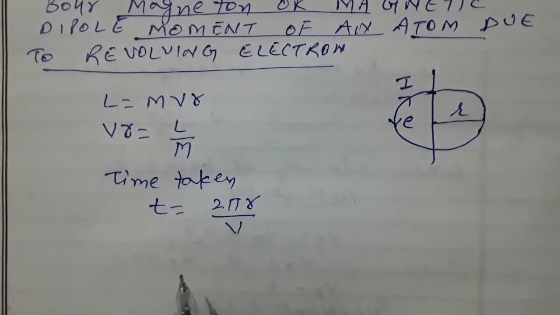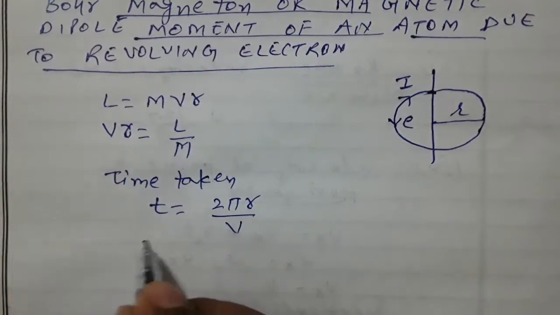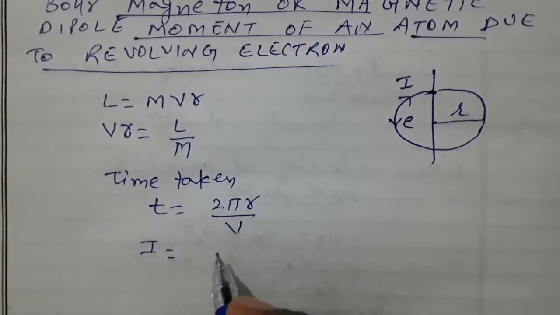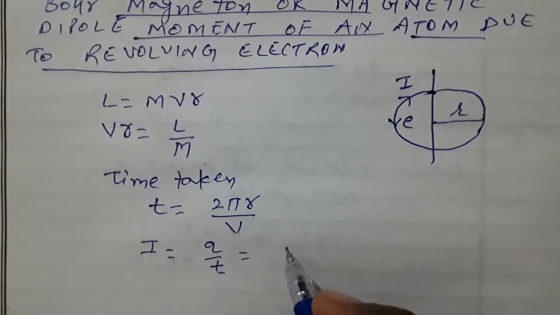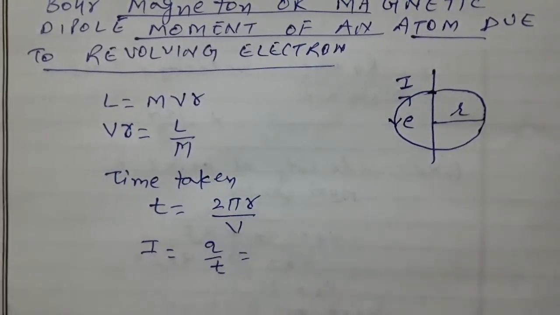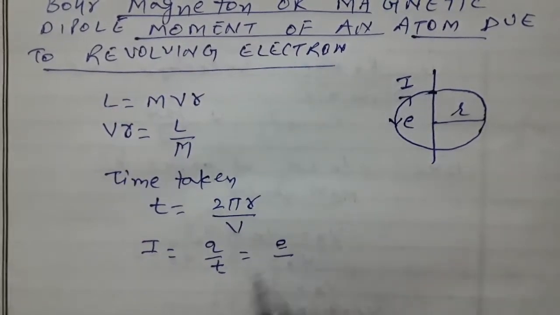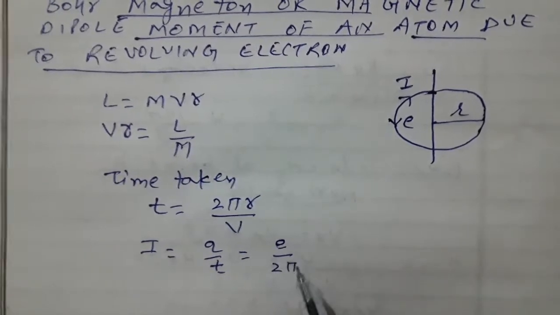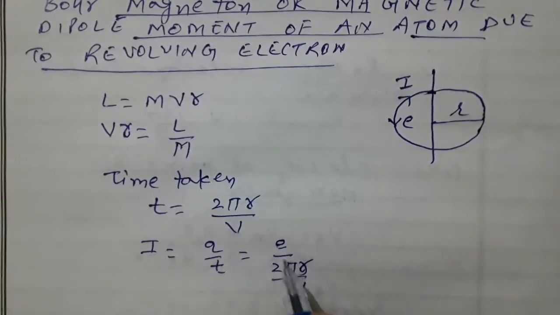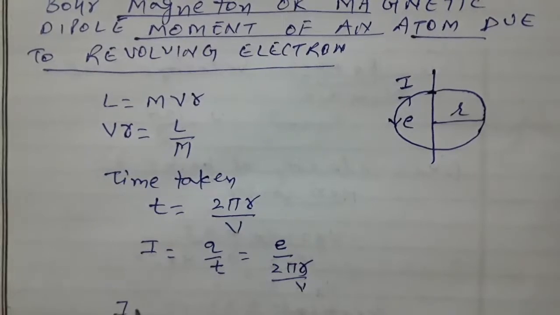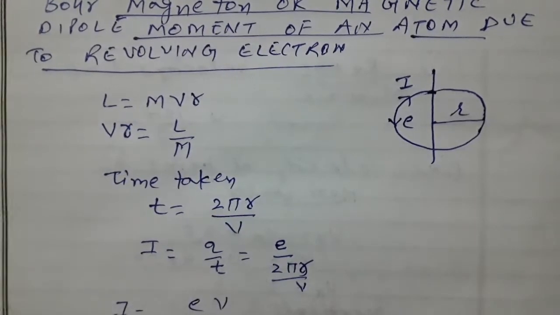According to the relation, current I is equal to charge upon time, q upon t. The charge of the electron is e, and time is 2 pi r upon v. So we can write I is equal to ev upon 2 pi r.